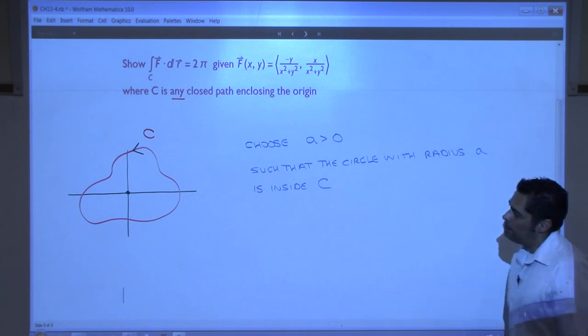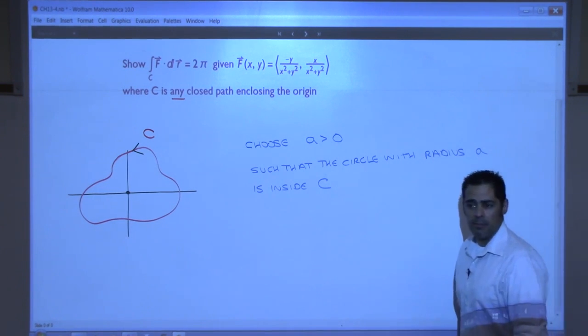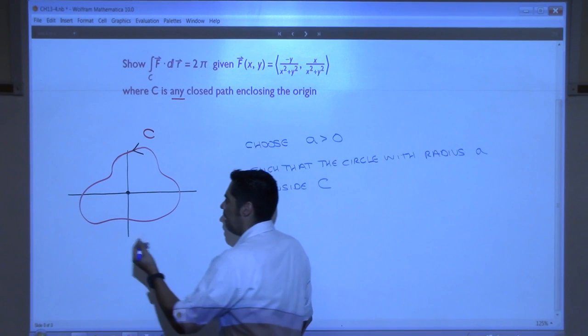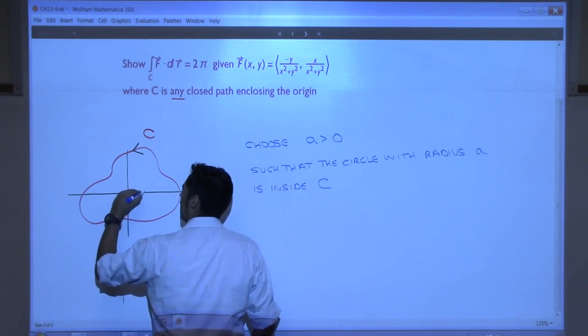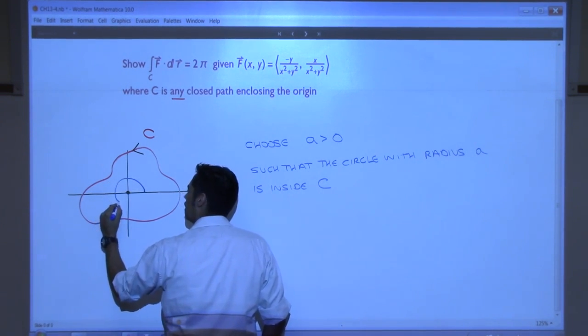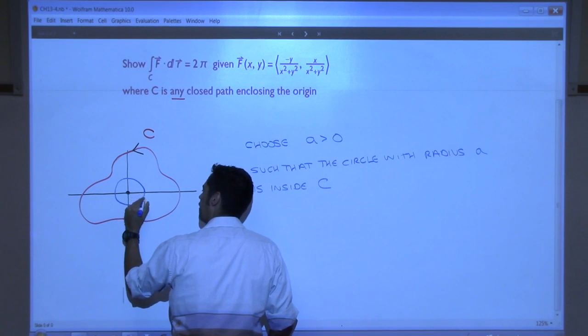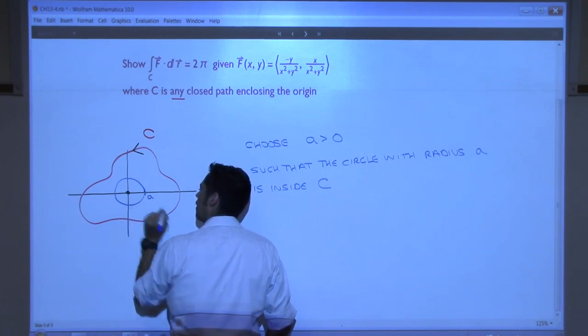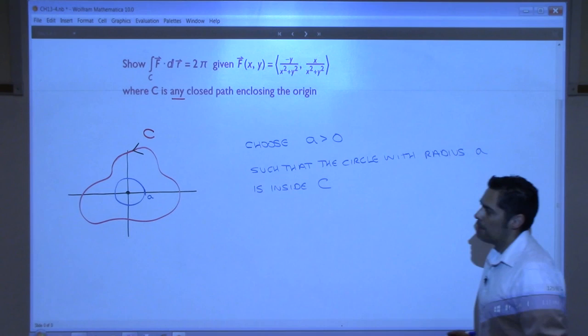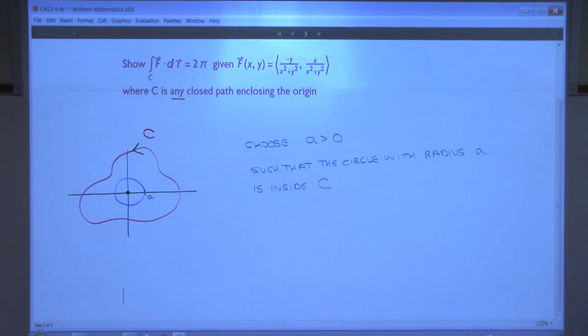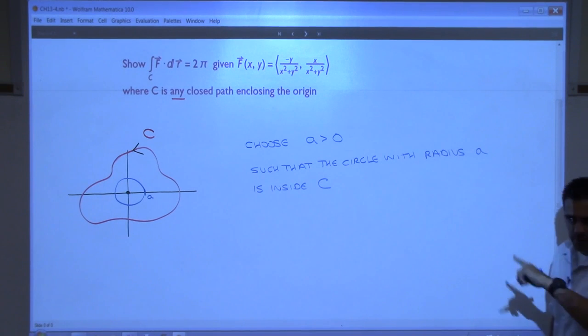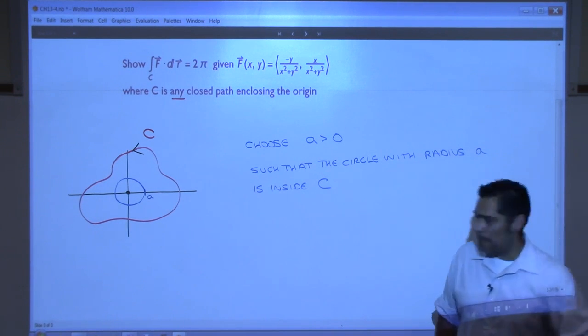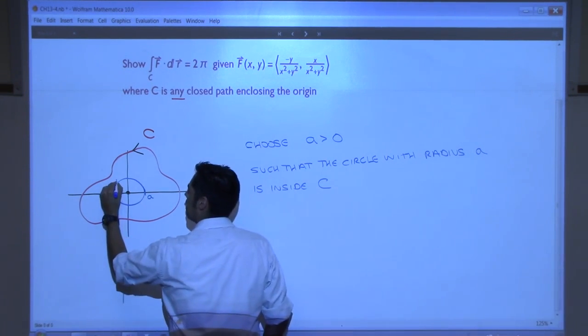Okay, so let me draw this little circle that I'm going to put in here. Just so you can see it, the A might be smaller, but that circle's right here. It has a radius of A. You with me? I'm going to orient that the same direction. I know in the previous derivation of the formula it was the opposite direction, but I'm going to do this in the same direction.